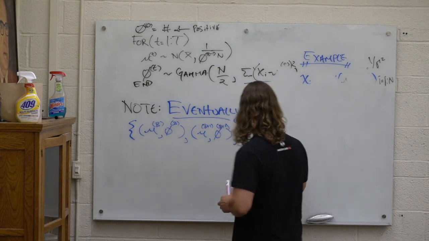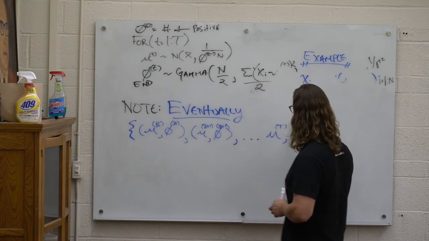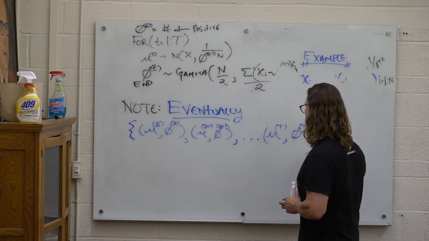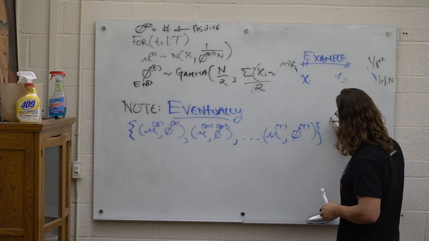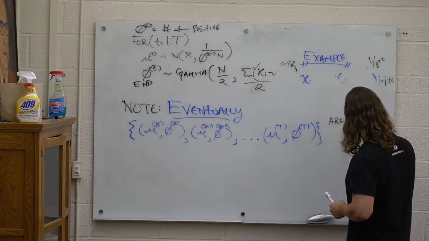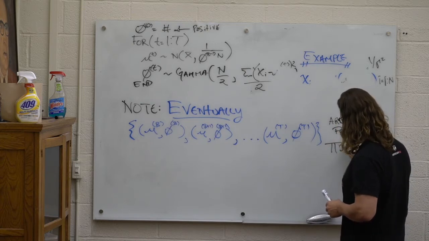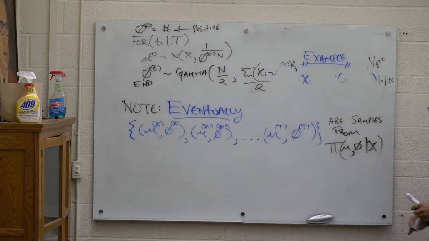Dot, dot, dot, out to mu. T is my last iteration of this algorithm. Phi t. Our samples from the joint. Pi, mu, phi, given all of my data.